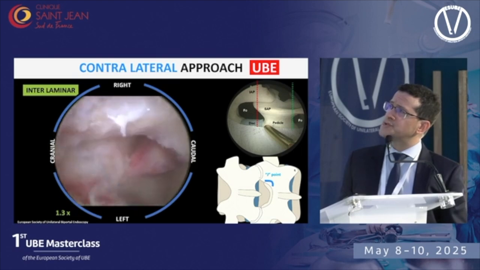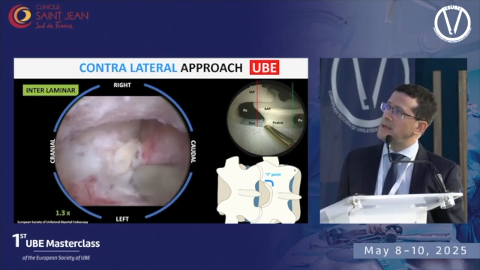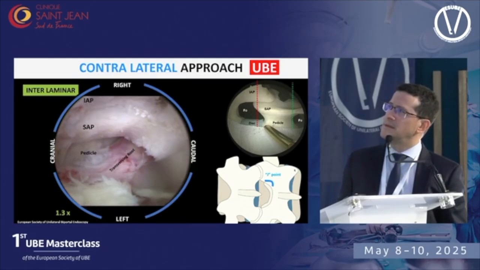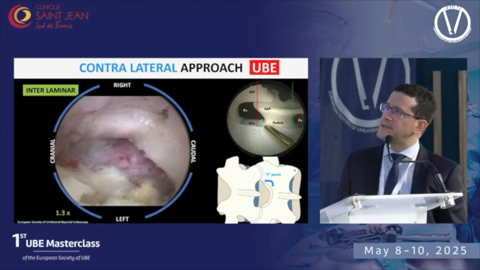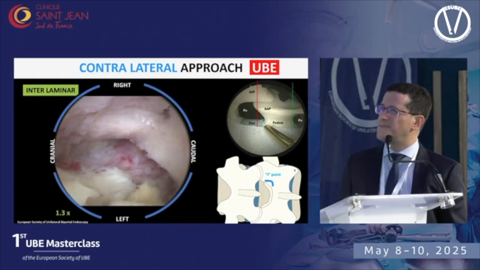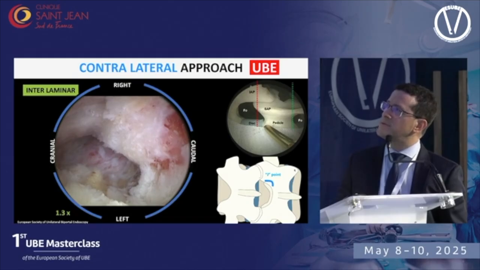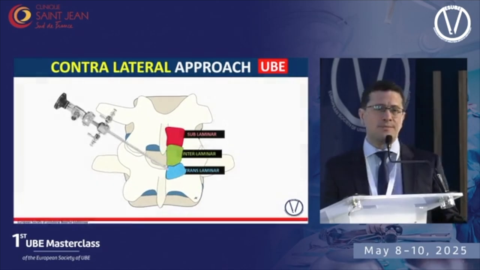So now we are trying to decompress the traversing root. And this is an old disc. And now we can remove more disc. This is a very hard disc, but we can decompress. This is the G point. This is all the decompression, and we are decompressing very well.